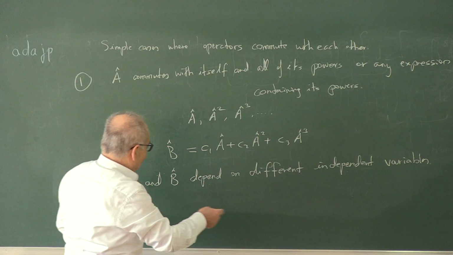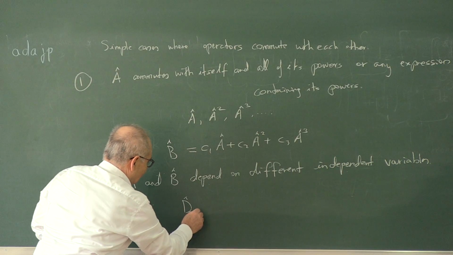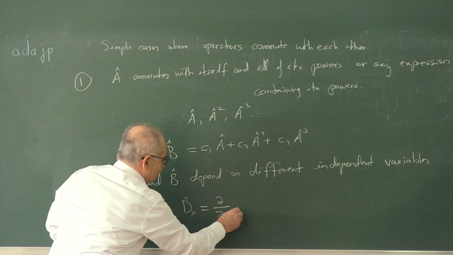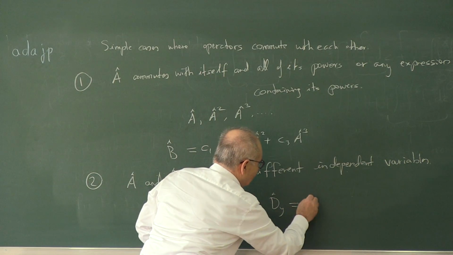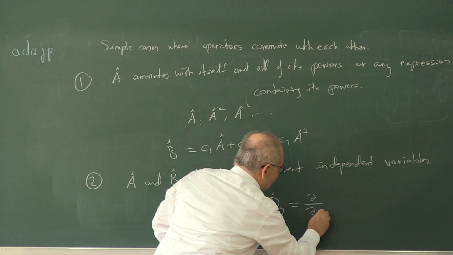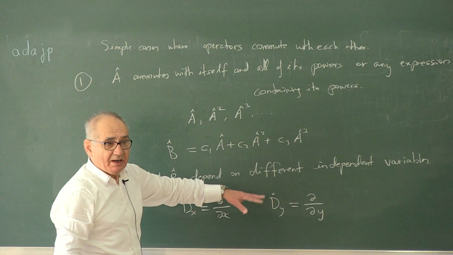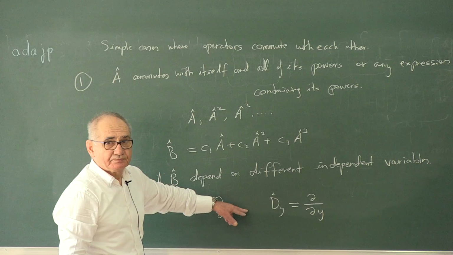We had given an example for that. Let's take this operator, first derivative with respect to X, and another operator which is also first derivative, but this time first derivative with respect to Y. X and Y are independent variables. These two operators always commute.